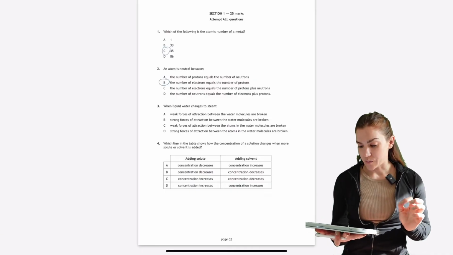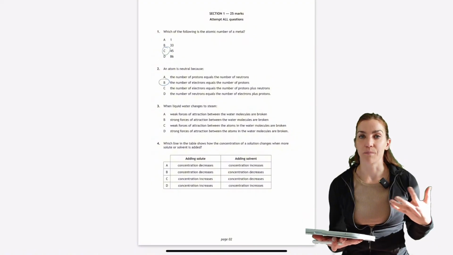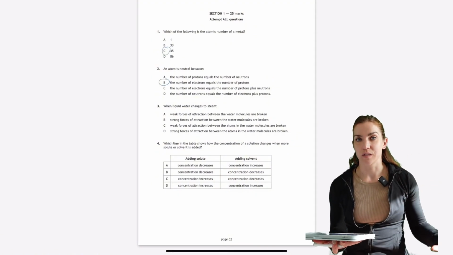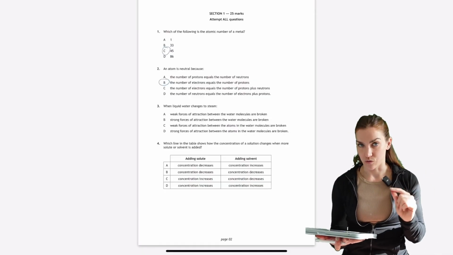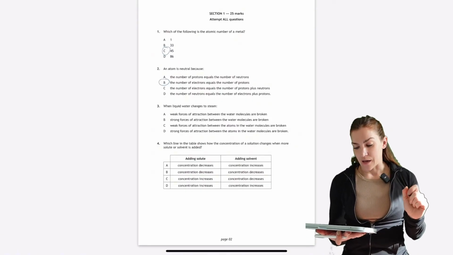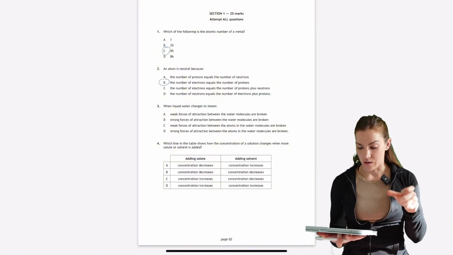Question 3, when liquid water changes to steam. What's happening here is some molecules are separating in order to change from a liquid to a gas, and in that instance the attractions between the molecules are broken, the intermolecular forces if you like, and those are usually much weaker than the bonds that are within the molecule.